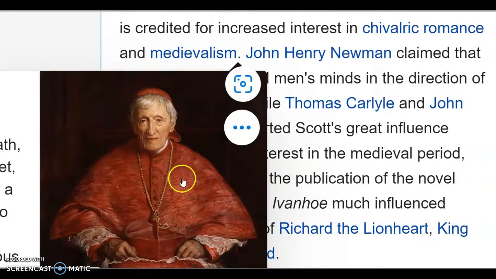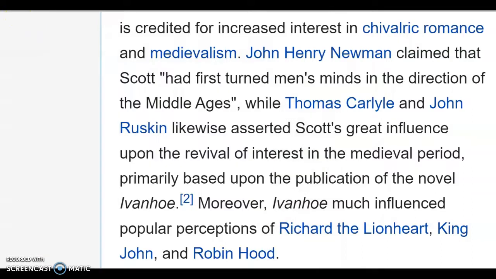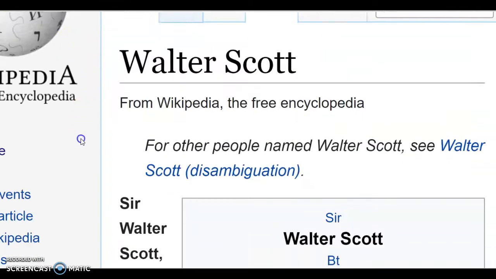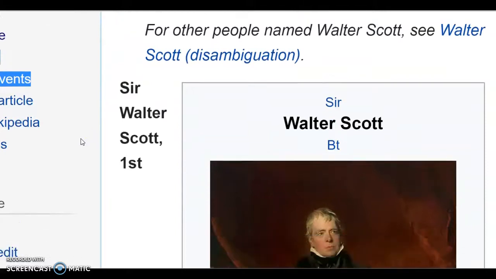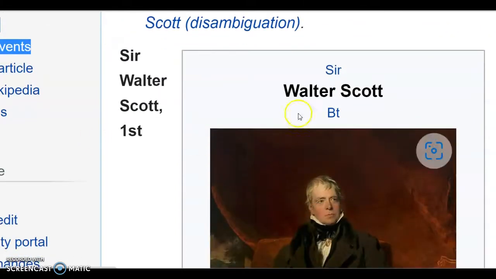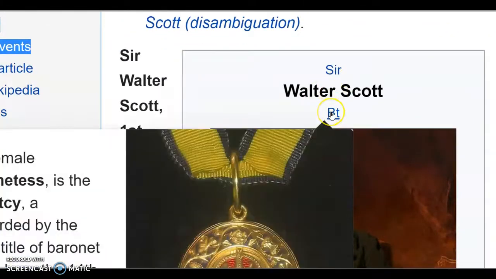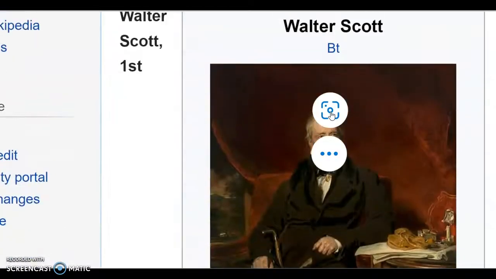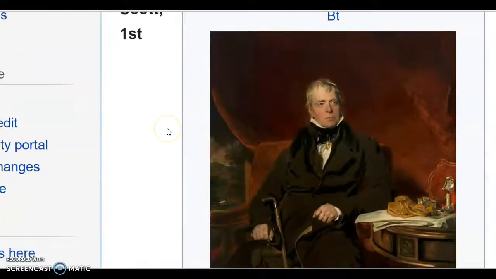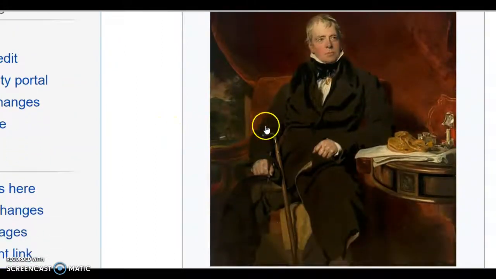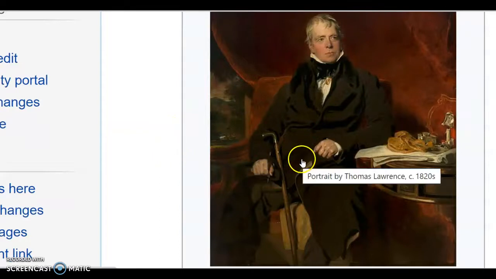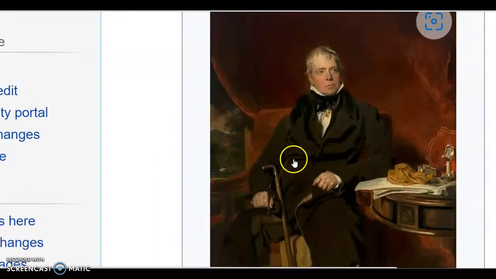The same things over and over again. So Sir and then Baronet, Baronet as well. Of course the two-bar cairn. Probably the lion's paw with the hand.